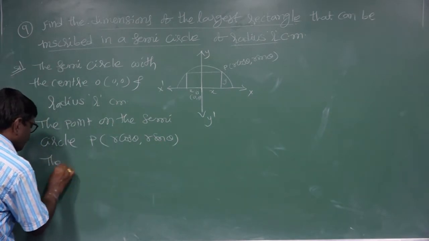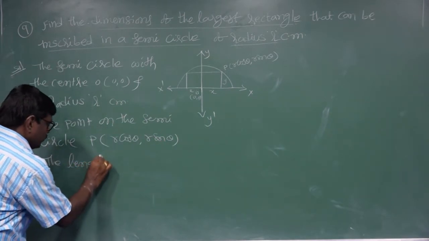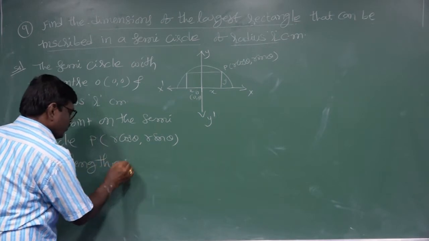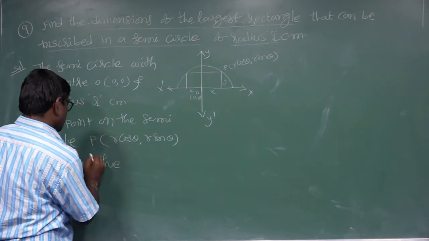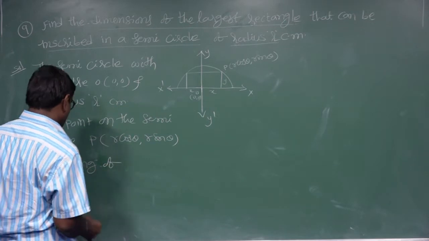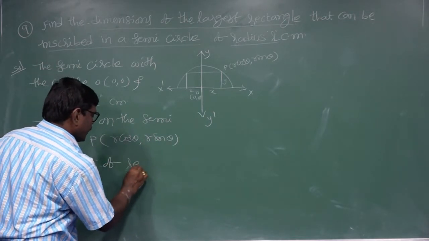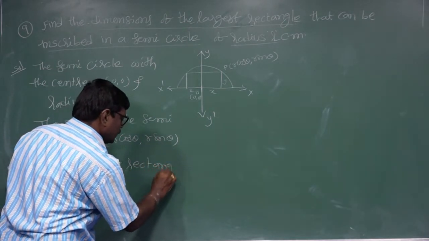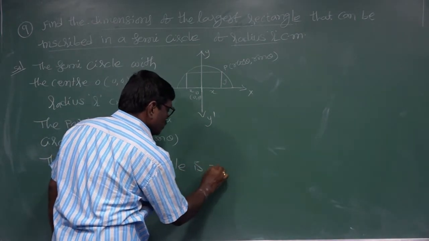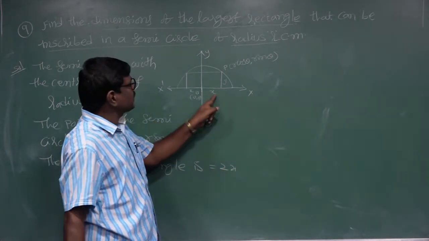The length of the rectangle is 2x, that is x plus x.